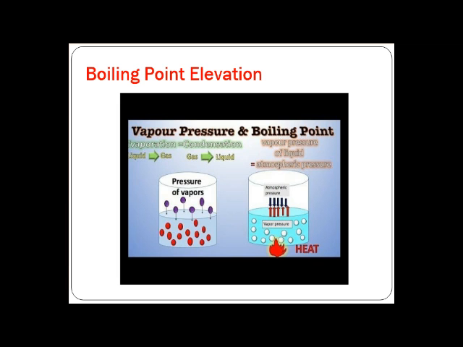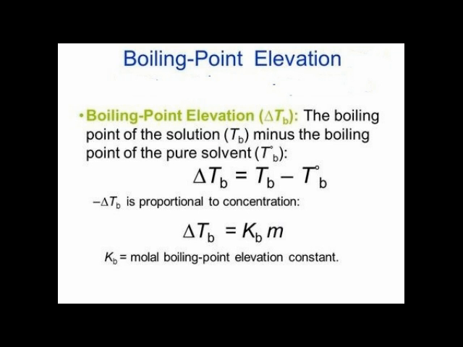So boiling point is a vapor pressure related term, and it increases when we increase solute particles. Next, the formula for boiling point elevation is delta TB is equal to TB minus TB0. Delta TB is proportional to concentration of solution.